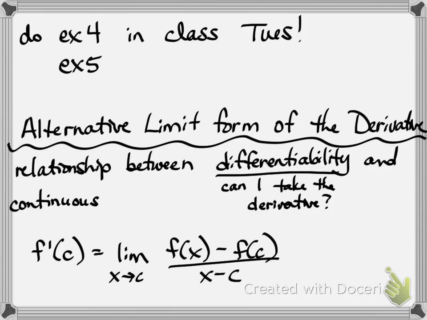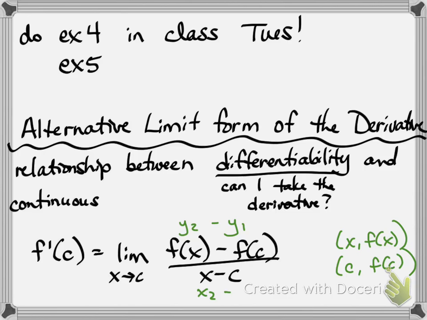You really see slope here, because if you think about points written with function notation, a point like x comma f of x, and the other point being c f of c, then isn't this like y2 minus y1 over x2 minus x1? This is slope formula just sitting there. So that is just one way that it really drives home the fact that the derivative is an application of slope.